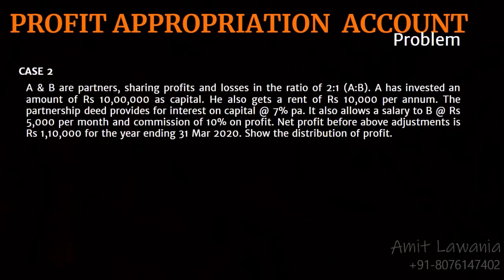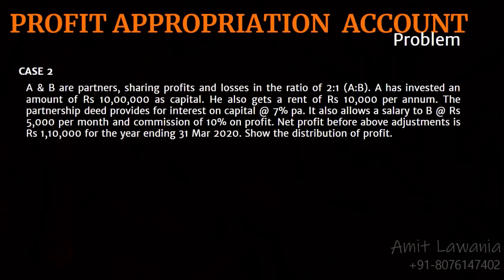A and B are partners sharing profits and losses in the ratio of 2:1. A has invested an amount of rupees 10 lakh as capital. He also gets a rent of rupees 10,000 per annum. The partnership deed provides for interest on capital at 7% per annum.